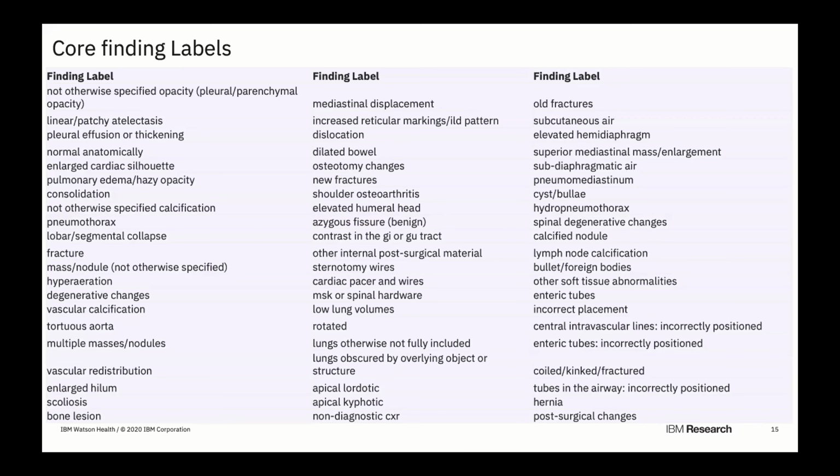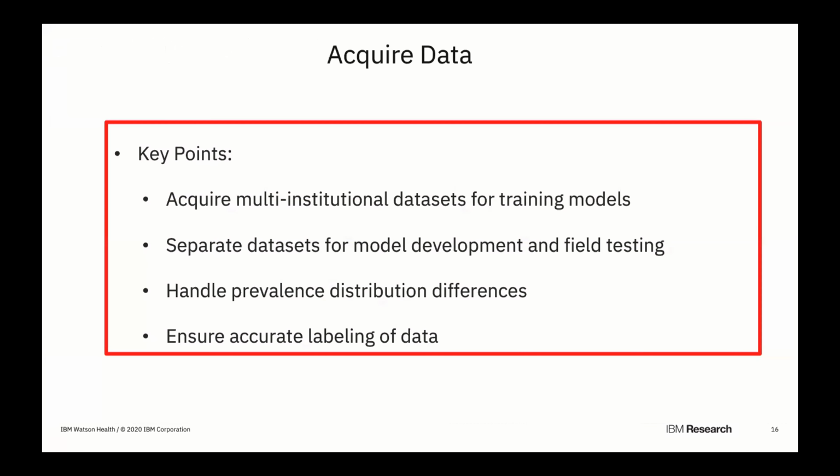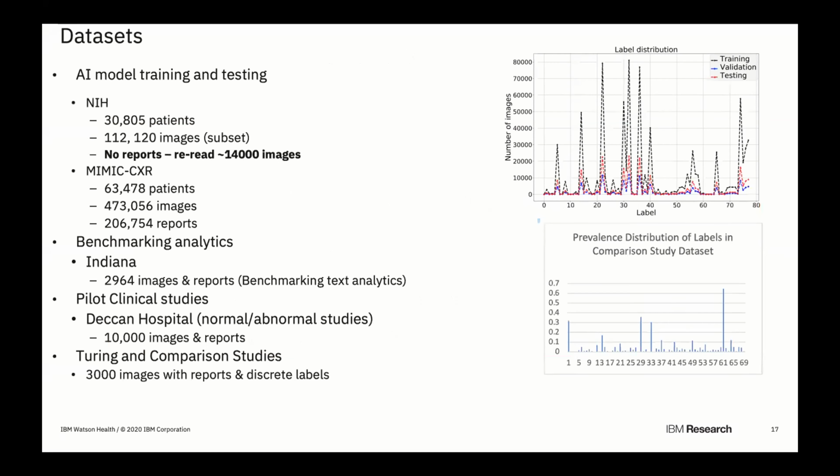The radiologists in the audience can relate to many of these findings. So the next step was to go and acquire data and label such datasets for these findings. And obviously, the key consideration was to make sure that we're not just trained on one hospital's data, but can actually do it across demographics, and to be able to understand the prevalence distributions and use them for evaluation purposes.